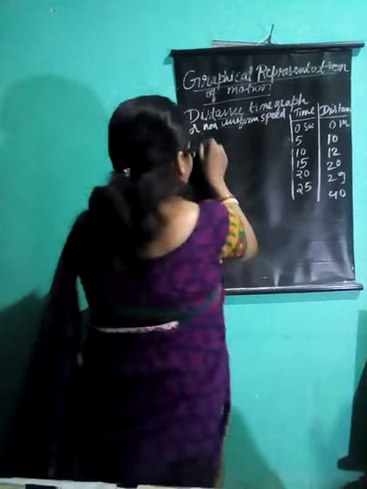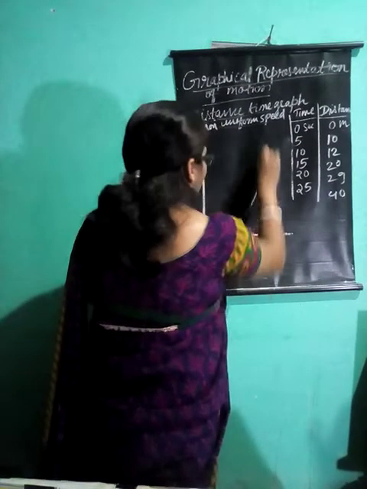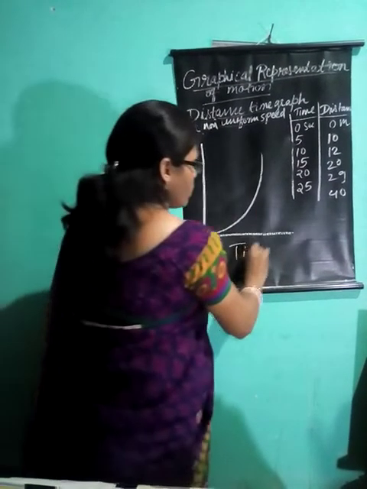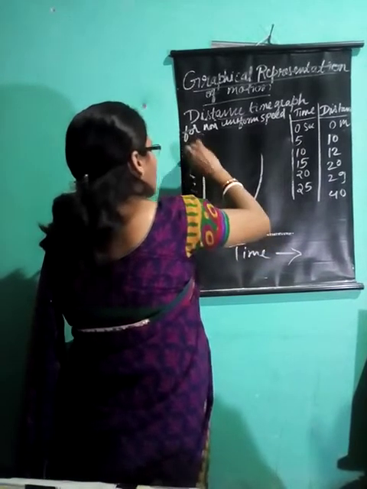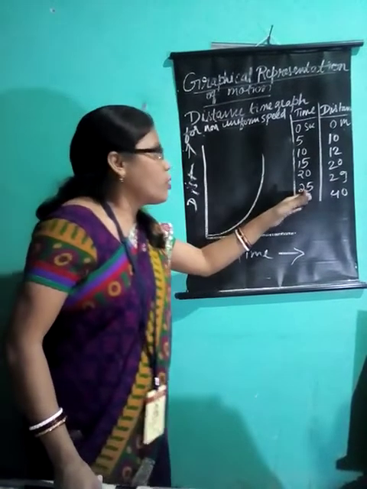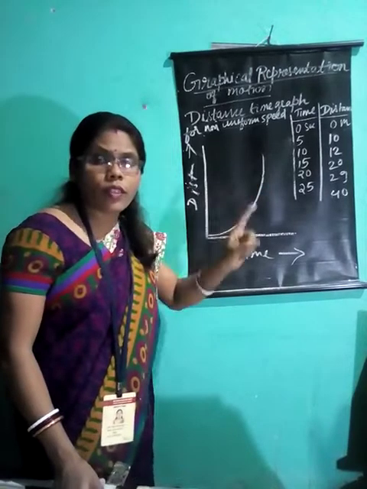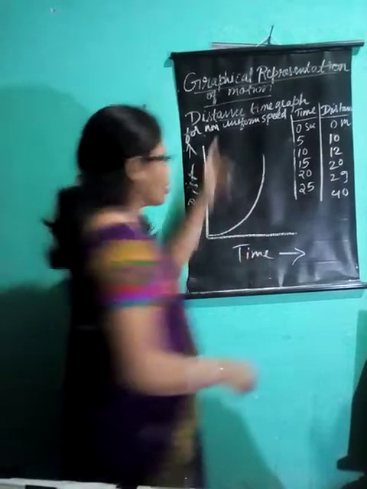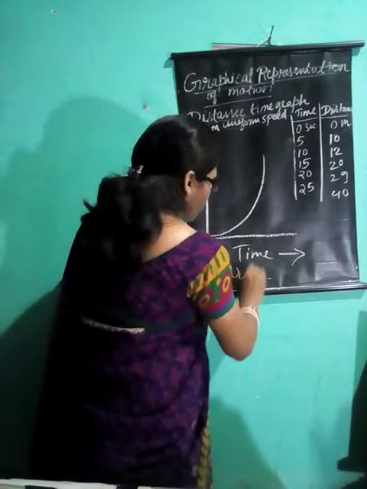For such non-uniform motion, how does the graph come? Here is time on the x-axis and distance on the y-axis. You have to mark the points in a similar way as we did for uniform speed. Similarly, you mark the points here also. You will get a curved graph. You will never get a straight line graph. So for non-uniform speed, the distance-time graph is a curved graph.